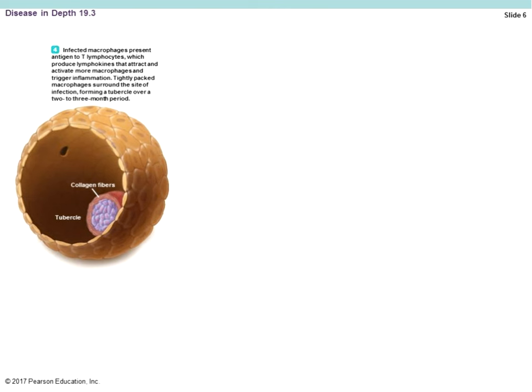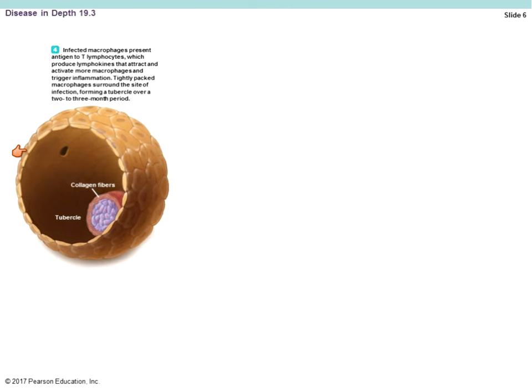The infected macrophage presents this 'hey, I'm sick' antigen to the lymphocytes, and that produces lymphokines, which attract inflammation. These tightly packed macrophages will surround the area of infection and form a nodule, or tubercle, and that takes a little bit of time to take place. All of this is happening inside the alveoli. What we're looking at here is the alveoli, and we've blown it up.